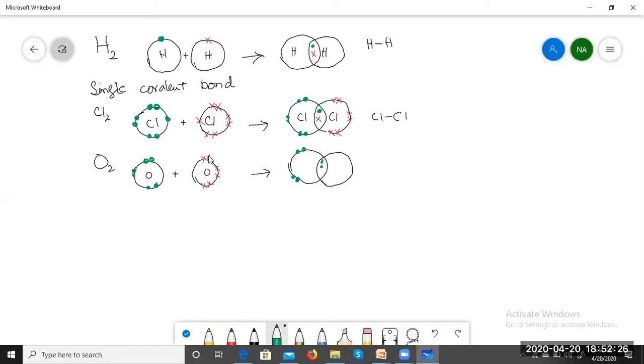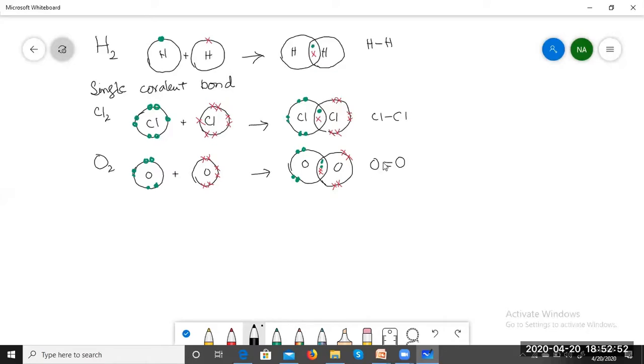The same will be done for the next atom. It has 6 electrons. 2 will go on sharing, and the rest of the 4 electrons on the outer margin of the circle. That is how the oxygen molecule is developed, by making a double covalent bond.